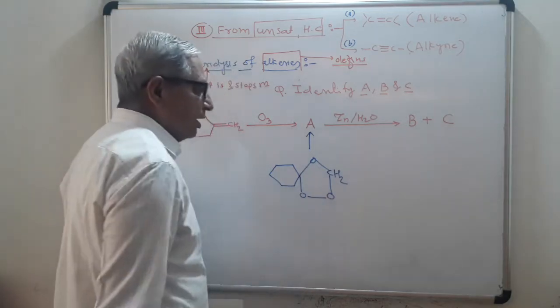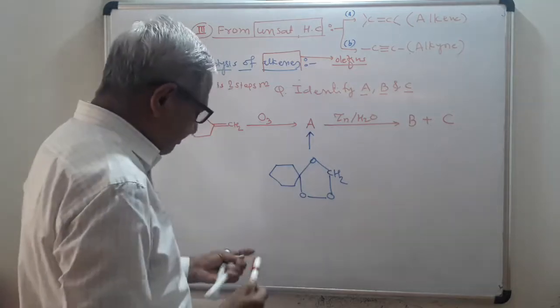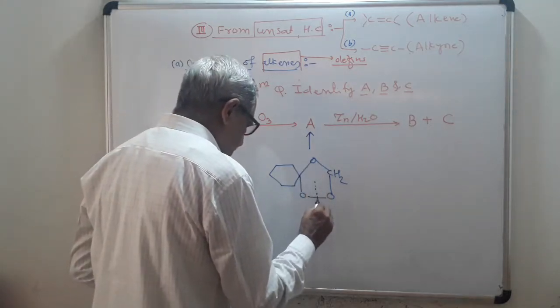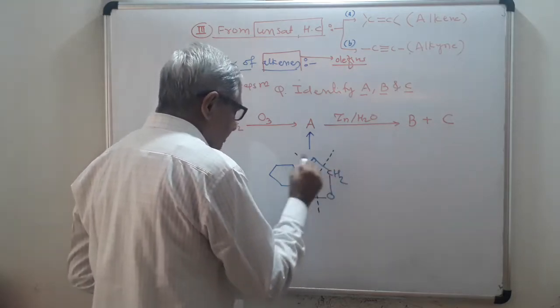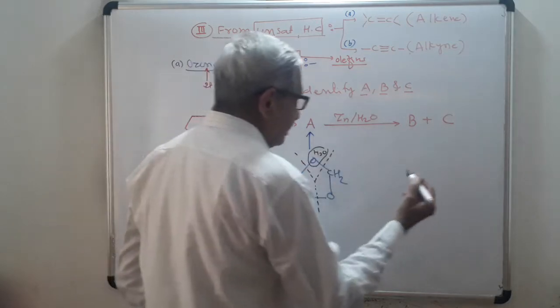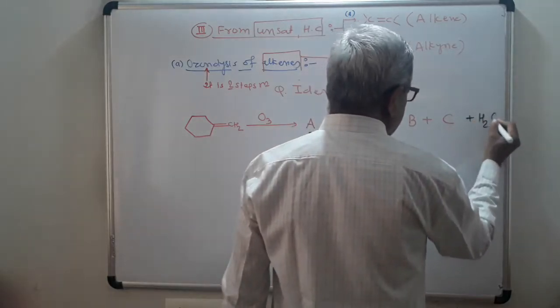This is your ozonide. Then it is treated with zinc. You will break the bond here. Oxygen-oxygen bond. This is carbon-oxygen bond. Second carbon-oxygen bond. Add here a water molecule. By using this, you will get H2O2. So another byproduct will be hydrogen peroxide.